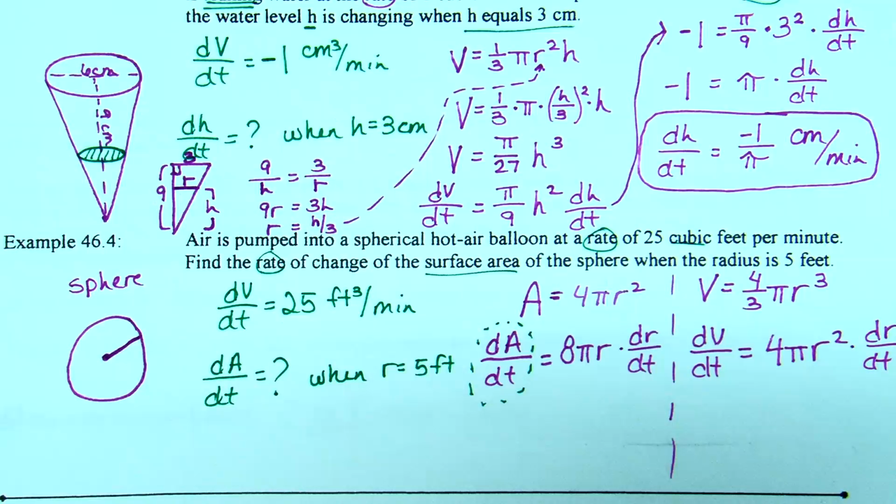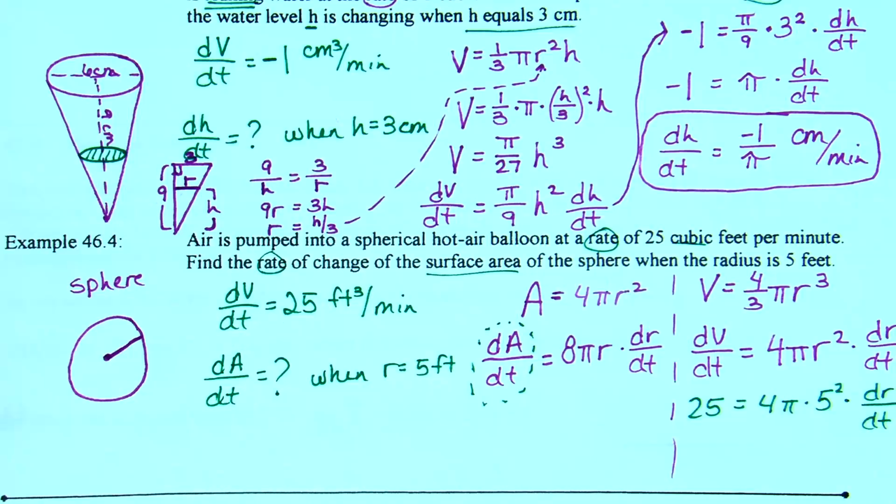So now, use your given information. We were given that dV/dt is 25 equals 4 pi. When we're trying to find dA/dt, r is 5, so this is 5 squared times dr/dt.